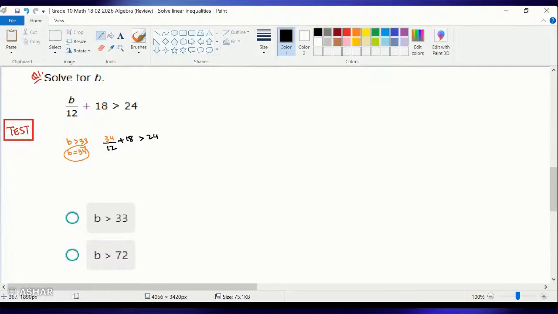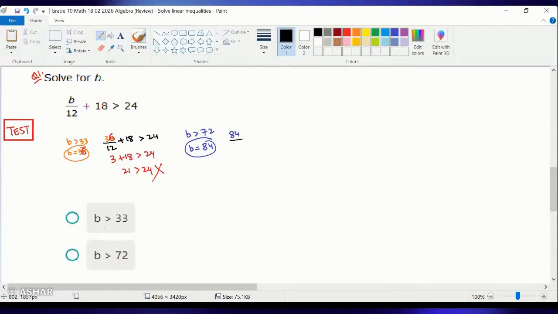Rather than 34, can I take 36? That would make my life easier. If we take 36, that means 3 plus 18 is greater than 24. Is 21 greater than 24? No, it is not. But if we take b to be greater than 72, let's suppose we take any number greater than 72, can I take 84?